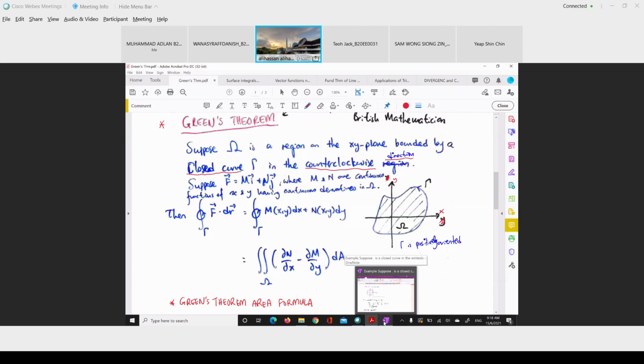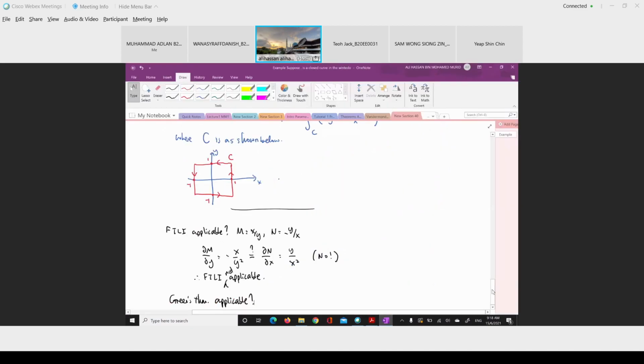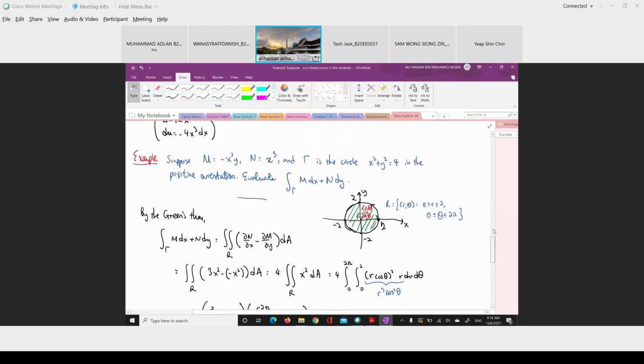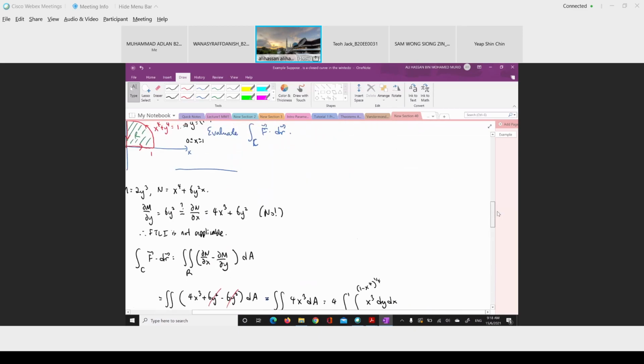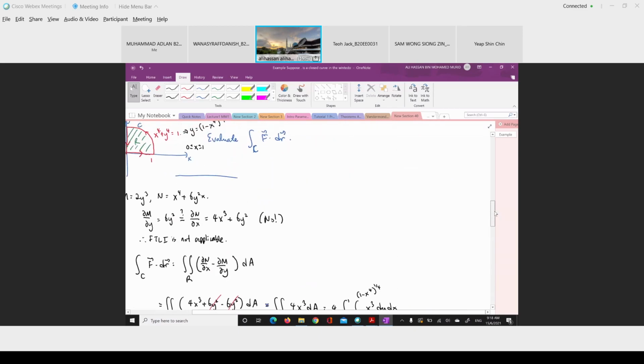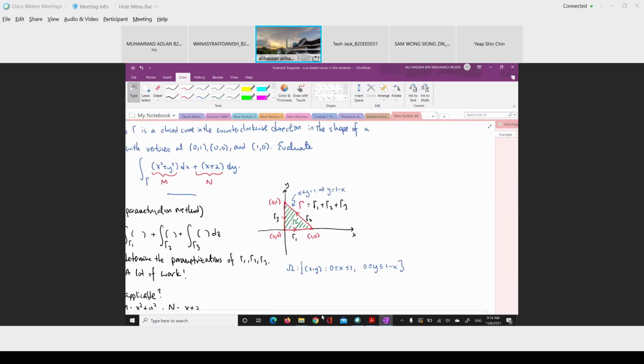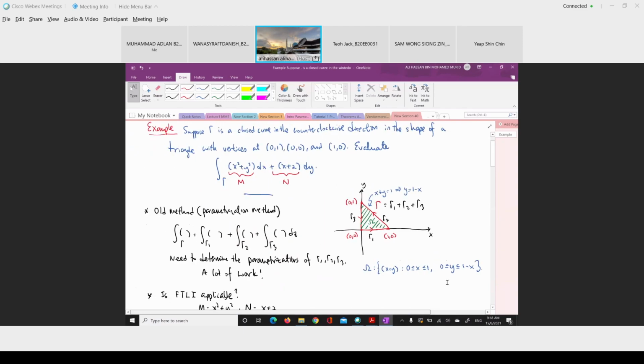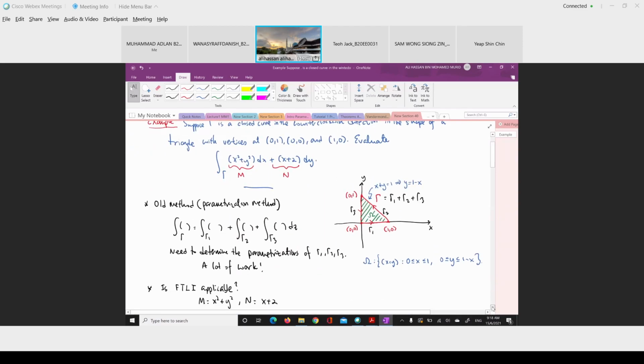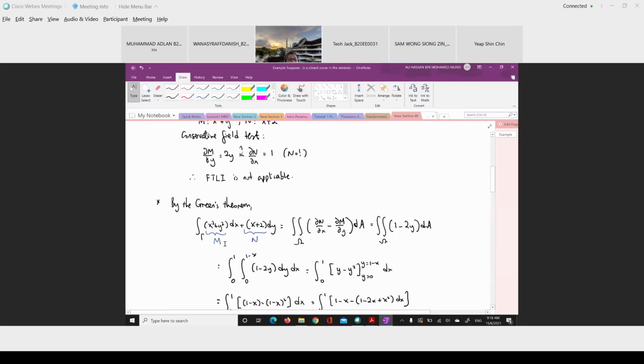I did not do that previously because it was applicable. Let's go back to the very first example. You see, M and N there are continuous in the region omega, and the partial derivatives are also all continuous and well defined.